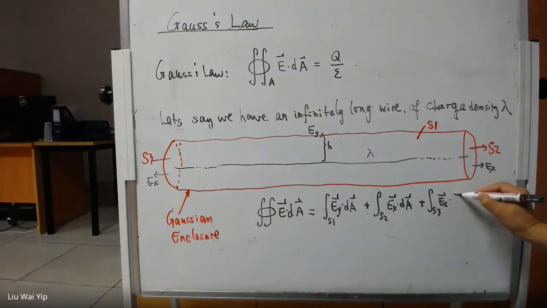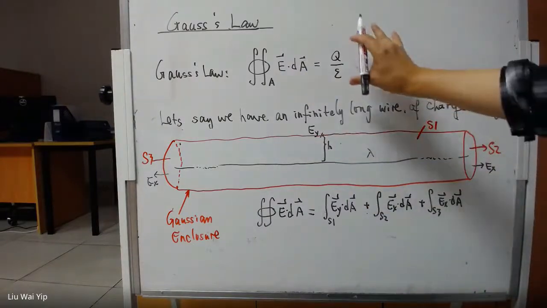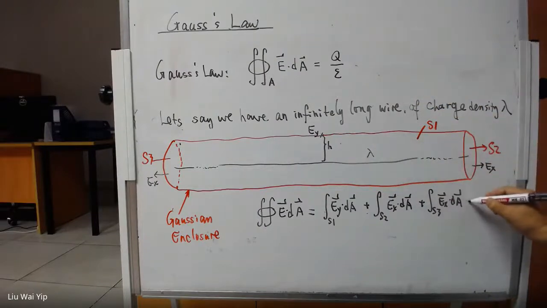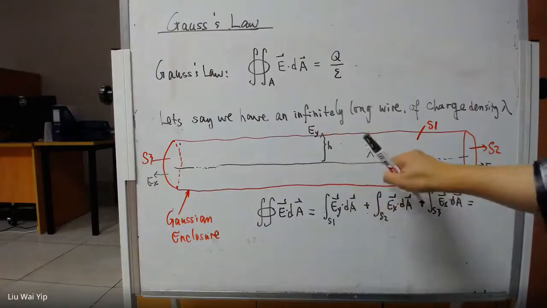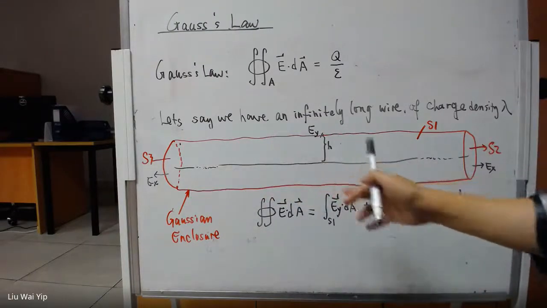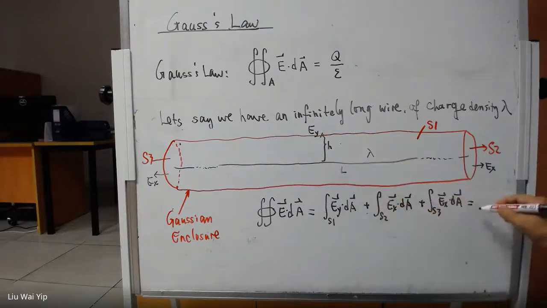EX and dA. And the right side of the equation should be the total Q. The total Q is going to be the charge density multiplied by the length of this wire. So the length here is L, so it's going to be lambda L divided by epsilon.